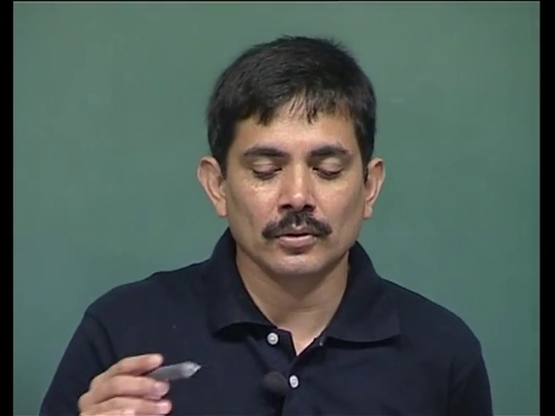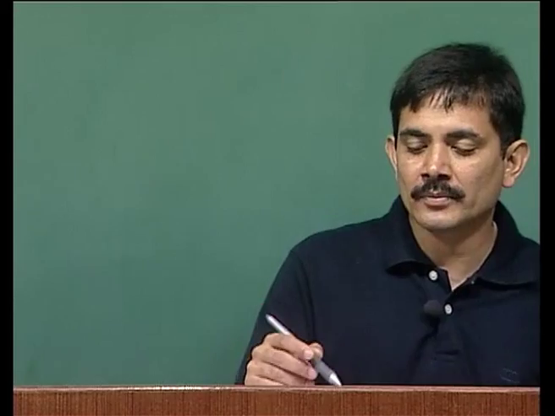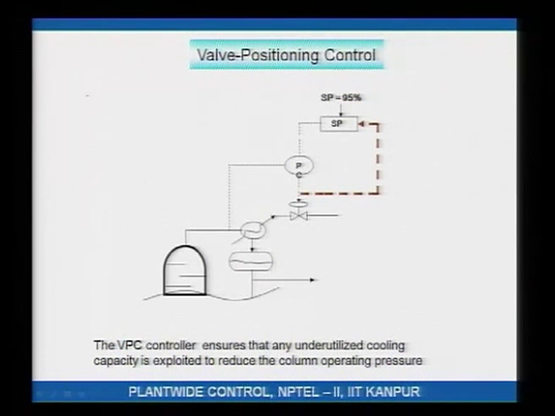Okay. So, this is another example of application of valve positioning controller, and it is for this reason that valve positioning control is also sometimes referred to as optimizing control.